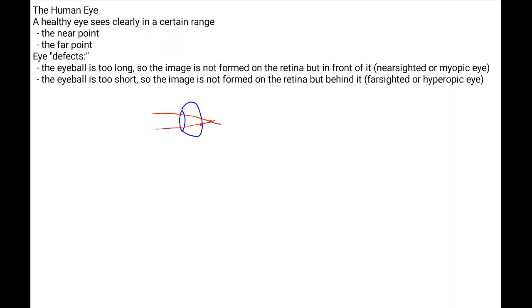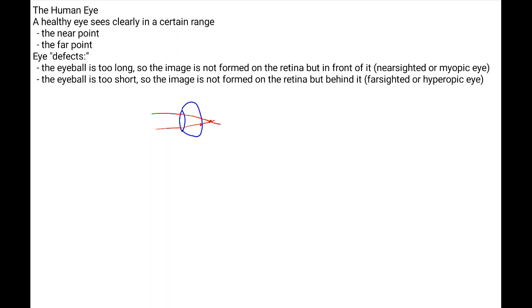Now, the long or short shape of your eye isn't the only thing that can go wrong. It's possible that the muscles that operate your lens are not strong enough and they don't push on the lens to make it more curved or pull on the lens to make it flatter.